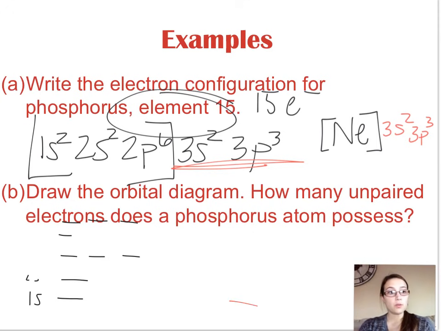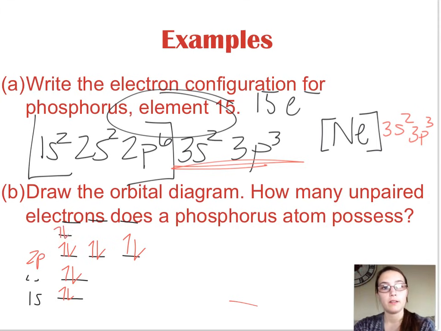Hund's Rule says we put the electrons in on their own first, but we have to fill that sublevel before we can move on to the next. So we have 1s2, 2s2. Now in the 2p, I'm going to put an electron in each orbital first, then come back and fill it up. It's good to get in the habit of doing it that way.